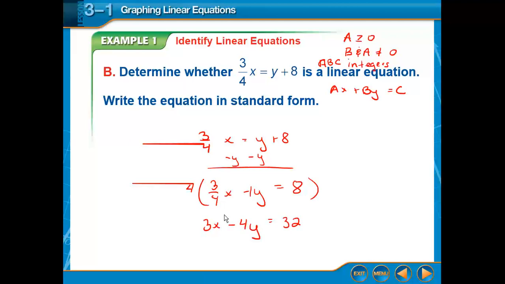Are there any numbers in common now between a, b, and c that divide all of them? Nope. They're all integers. A is positive, and a and b are not both 0. So this is now standard form. A is 3, b is negative 4, and c is 32.